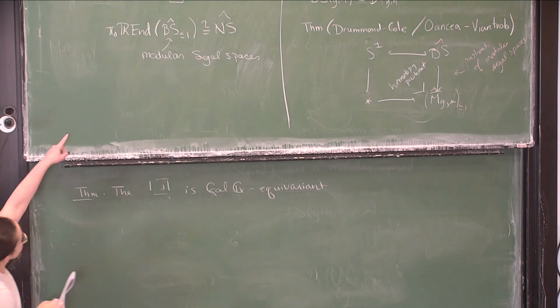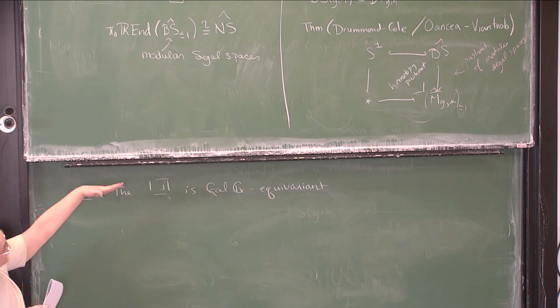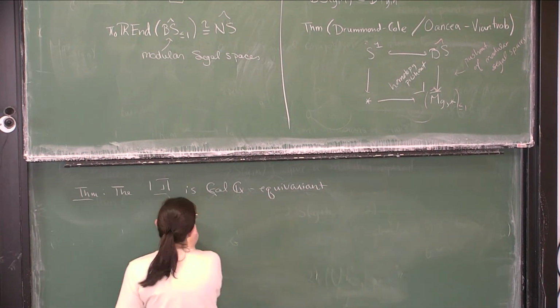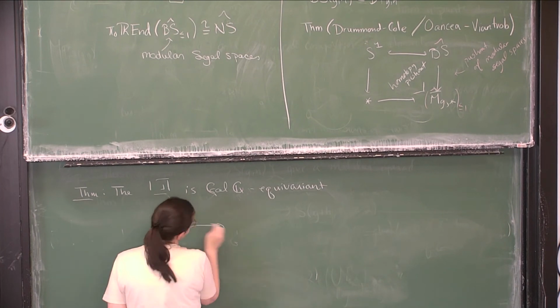Using this fact that we have the opposite Galois group sitting inside of this profinite group, you can see an action.